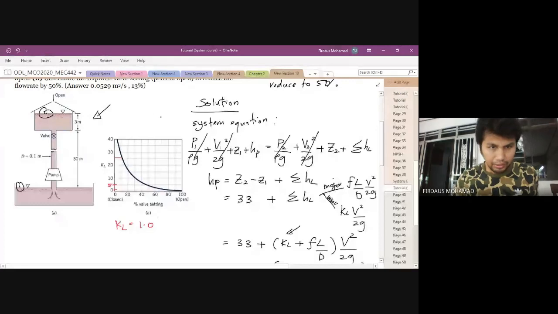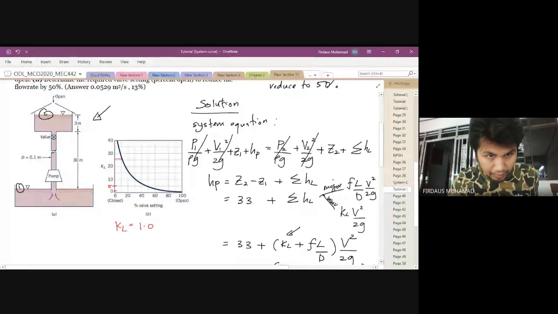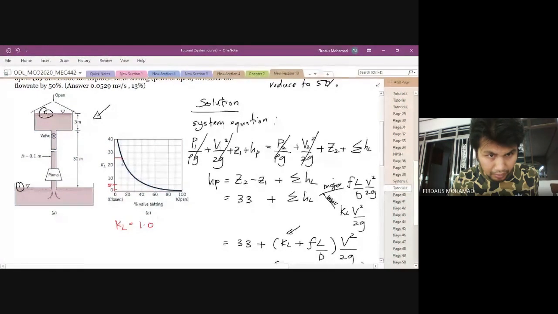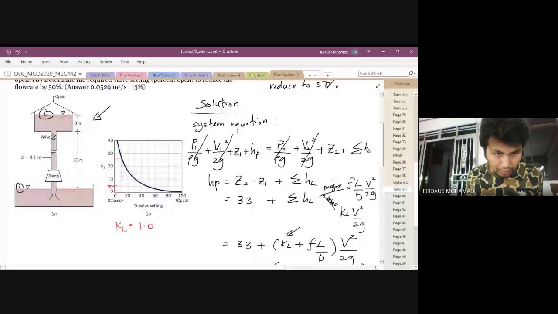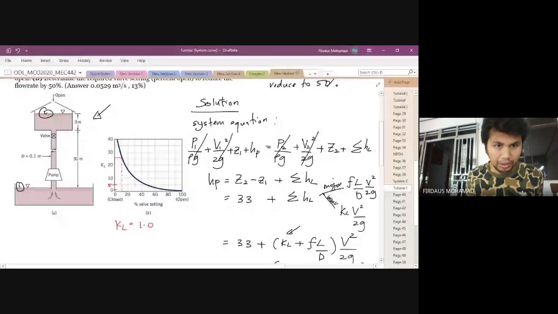So yang ni saya base kepada you punya answer dia 26. So lebih kurang kat situ je.